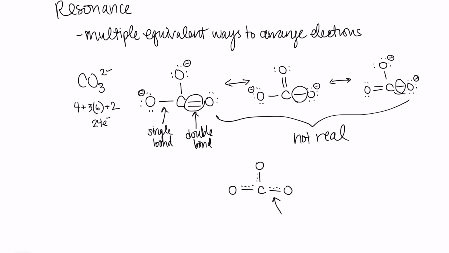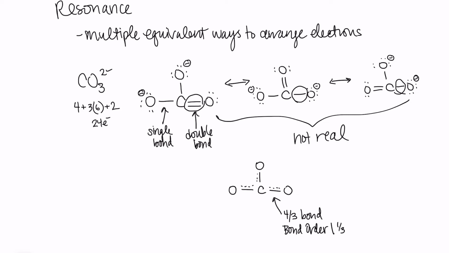So if I average those out, that's 4 bonds over 3 structures. So this is like a 4/3 bond. Or the bond order, we would say, would be 1 1/3. And that's true for all of the bonds.